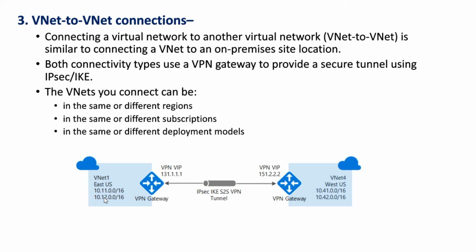If you want to establish communication between these two virtual networks, you have to create a VNet to VNet peering, or you have to create a VPN tunnel. With the help of a VPN tunnel or VNet peering, we can establish the connection between two virtual networks which are in different regions.